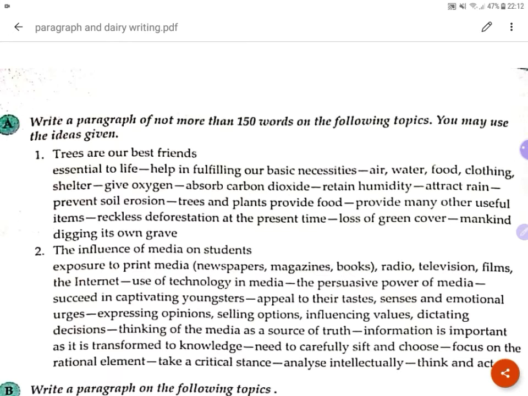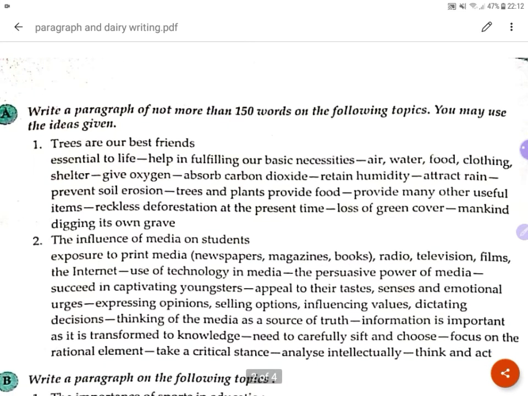Whenever you get the question, you'll be getting the ideas. Trees are our best friends. This would be the title. And then after, essential to life, help in fulfilling basic necessities: air, water, food, clothing, shelter, give oxygen, absorb carbon dioxide.